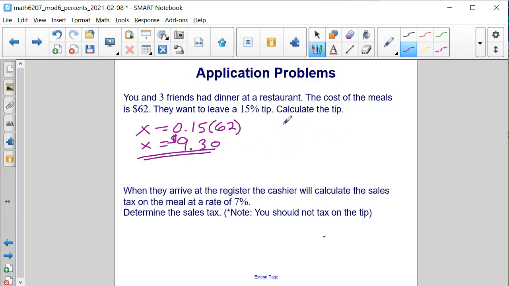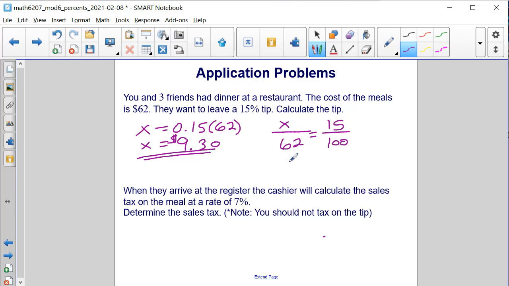You can also calculate this value using a proportion. So we know we're looking for 15% out of 100, and we're looking for the part in terms of the money, and the total money value that we're taking that part or section of is $62.